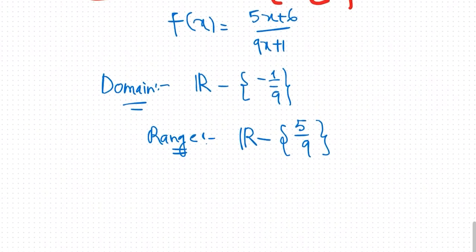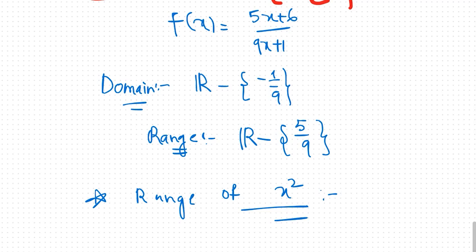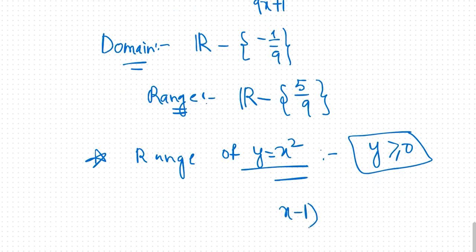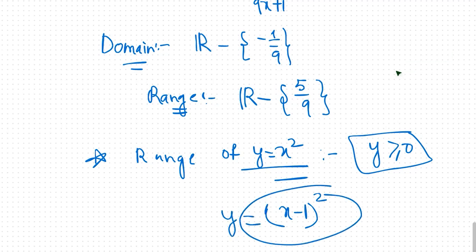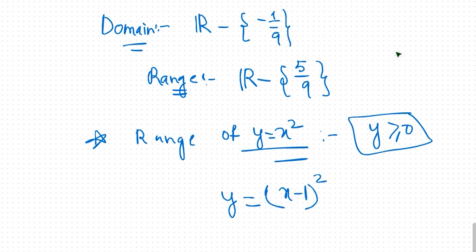So, what is the range of x squared? Y is greater than or equal to 0. What about x minus 1 whole squared? For this, what is the range? Y is greater than or equal to 0.